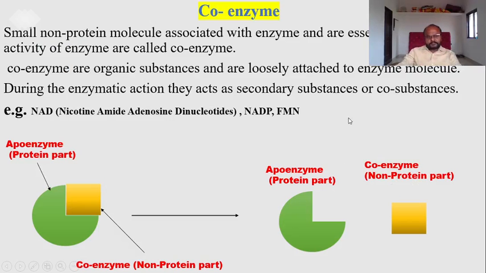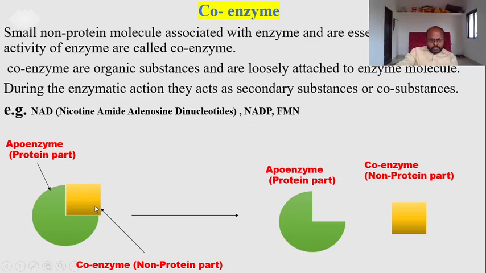So here there is another term called coenzyme. Suppose this is the holoenzyme. Sometimes this holoenzyme has the apoenzyme as well as the non-protein component, that is the prosthetic group.